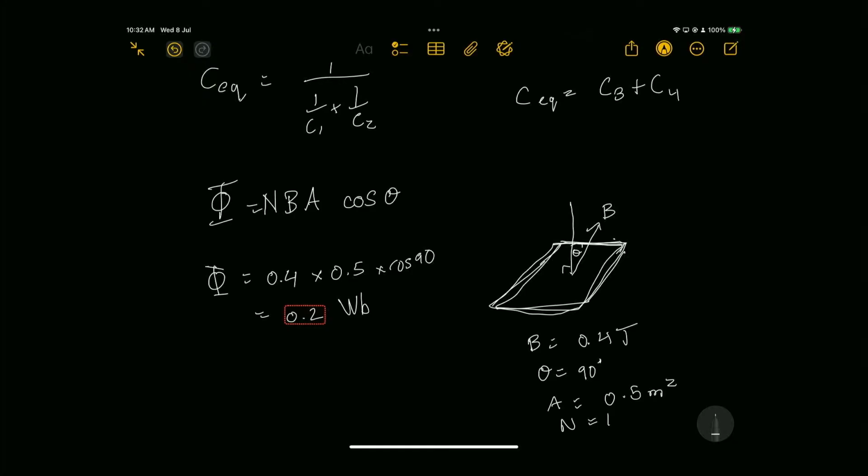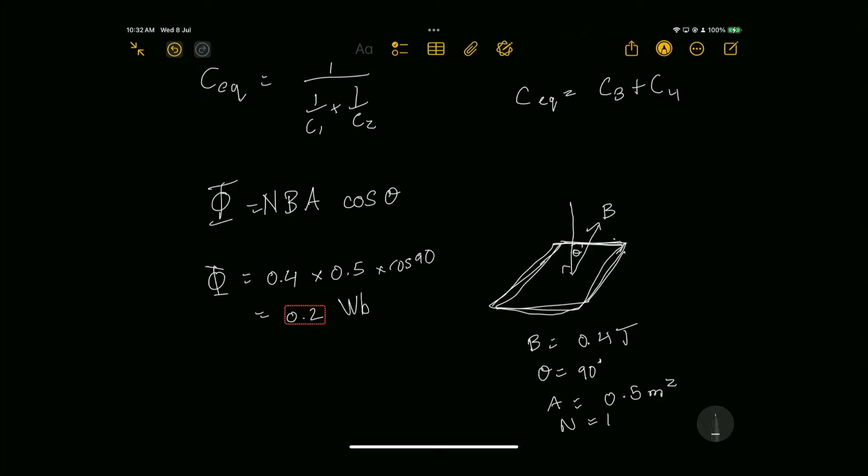Right, so any change in this magnetic flux induces an electromotive force in a circuit, right? So the magnitude of that induced electromotive force is directly proportional to the rate of change of magnetic flux, right?